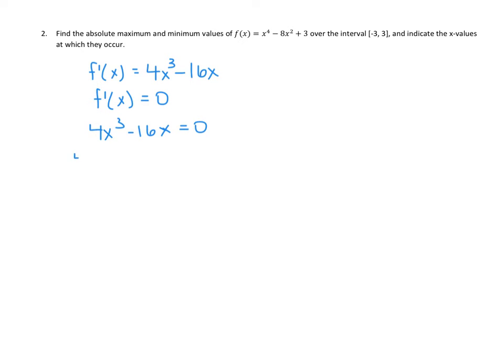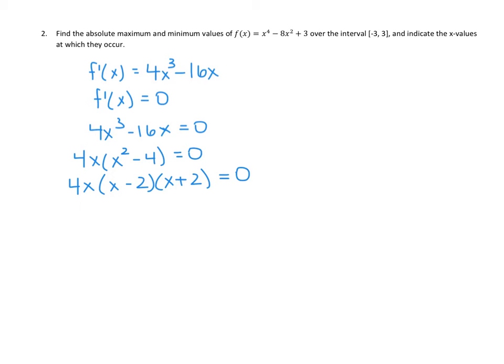We can factor out a 4 and an x, so we're left with x squared minus 4 equal to 0. Factoring the x squared minus 4, we're looking at 4x times x minus 2 times x plus 2, factoring that difference of two perfect squares, equal to 0.